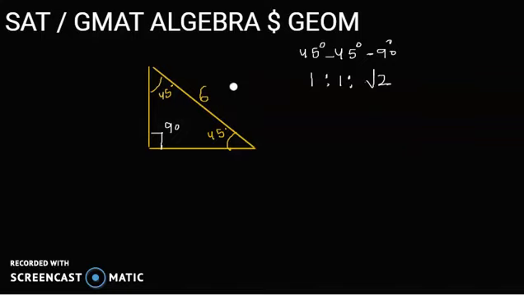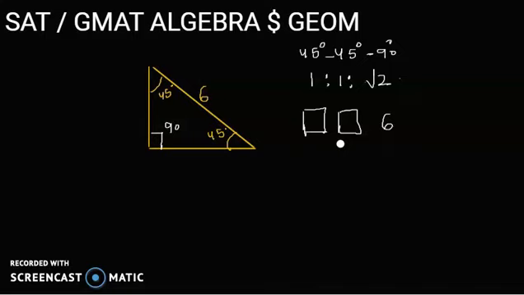Now √2 is hypotenuse, which is 6 given. So based on that you have to find these two sides, and these two sides would be equal. So even if you find one of the sides, you can find the other two sides.